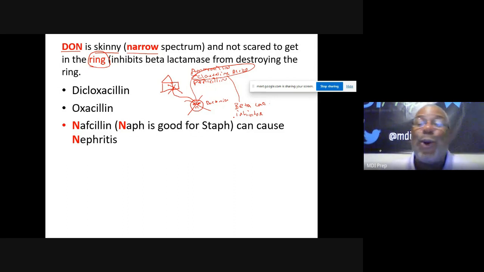They have their own inherent beta-lactamase inhibition. So this is where we use the word Don. Don is skinny, which is narrow. These are narrow spectrum antibiotics, and they already have the ability to inhibit beta-lactamase. So they don't need to combine with anything. Does that make sense?